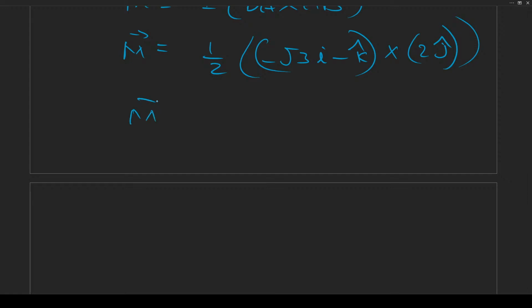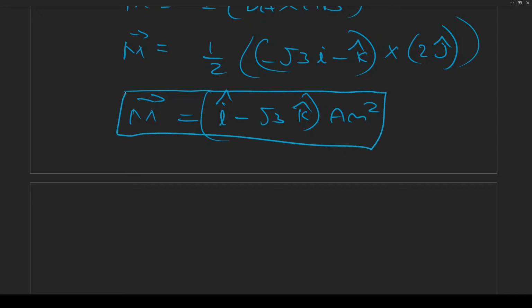When we multiply it, we will get M, which is equal to I minus root 3 K cap. Ampere meter square is the unit of magnetic moment.